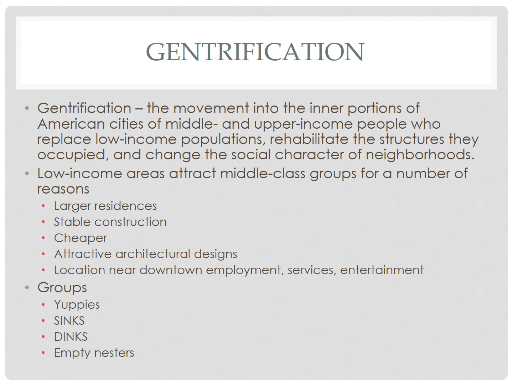Sinks, dinks, those are single income, dual income, respectively, with no kids. And then empty nesters. Now, yuppies, sinks, and dinks tend to be younger groups of people, whereas empty nesters tend to be older. The kids have left the nest, so to speak.